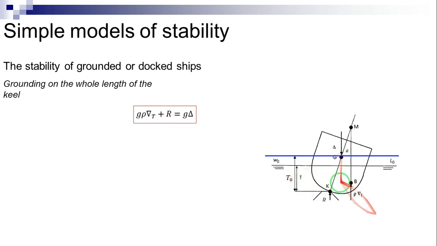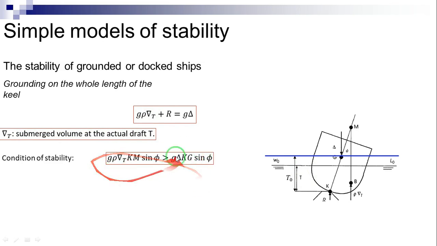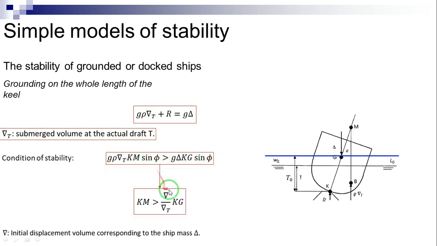Here, nabla T is the submerged volume at the actual draft T. The ship heels, and for a small angle phi, the condition of stability is as shown here. This equation is obtained by taking the moment of the forces acting on the ship with respect to the keel.